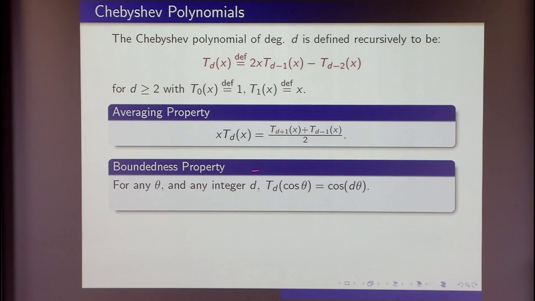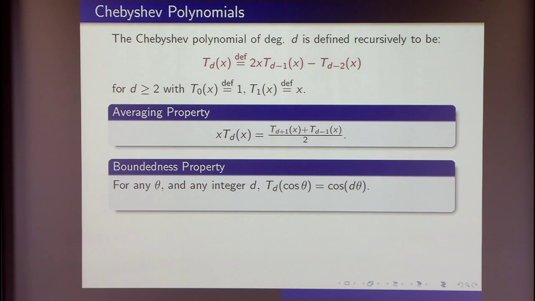For people who have seen trigonometric polynomials, an equivalent way to define Chebyshev polynomials is that these are exactly the polynomials which arise when you try to write down cos d theta as a polynomial in cos theta. We all know that cos 2 theta is 2 cos squared theta minus 1.